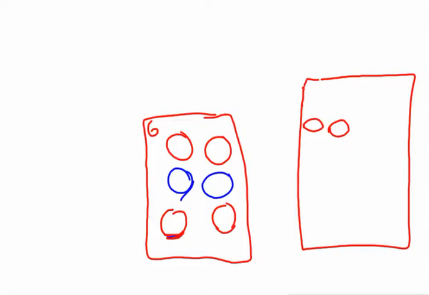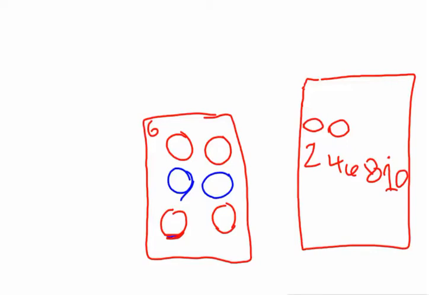Because see, it goes like 2, 4, 6, 8, and then 10, but see, there is no 9.